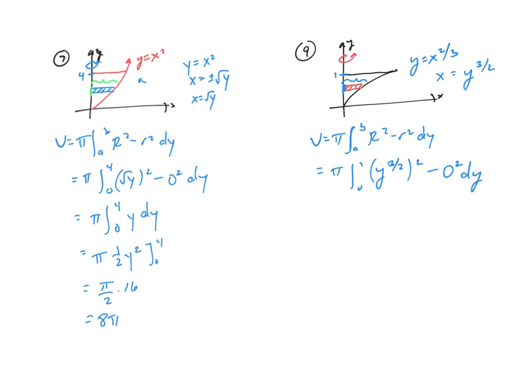So we have a disk. So pi, 0 to 1, of y, let's see, it's just y cubed. And that, again, is also not a big deal to do by hand. So 1/4 y to the 4th, 0 to 1. If we plug in 1, I'm going to get pi over 4.